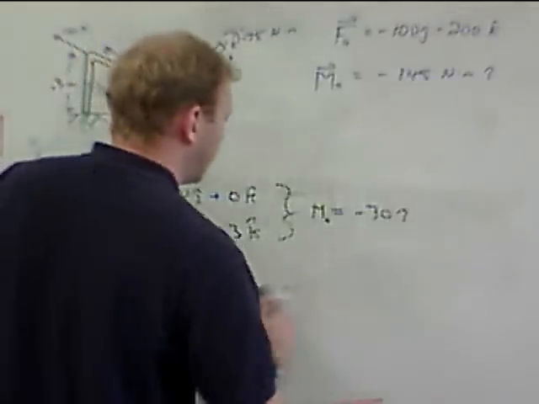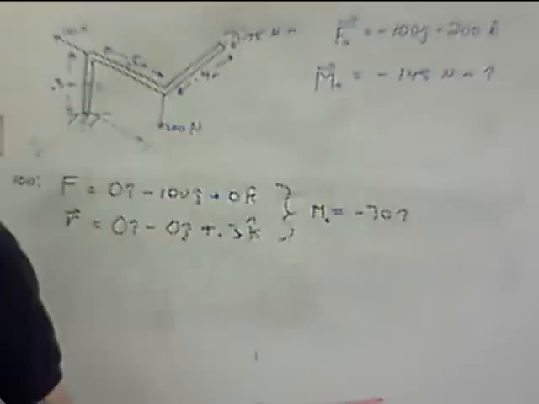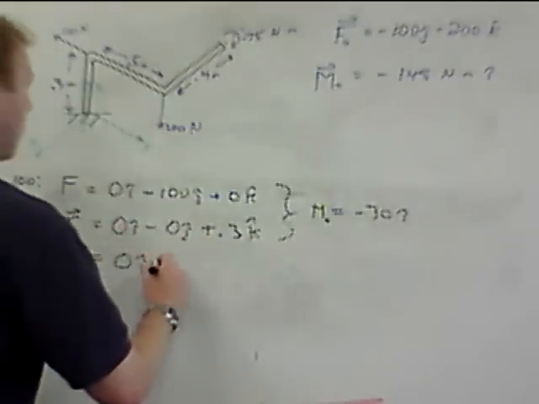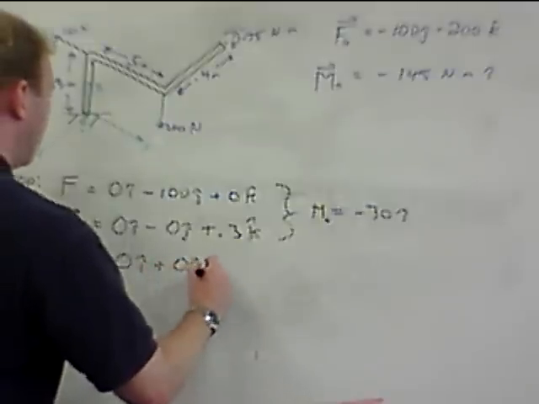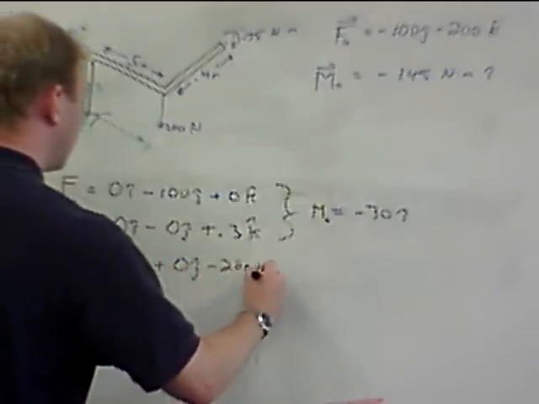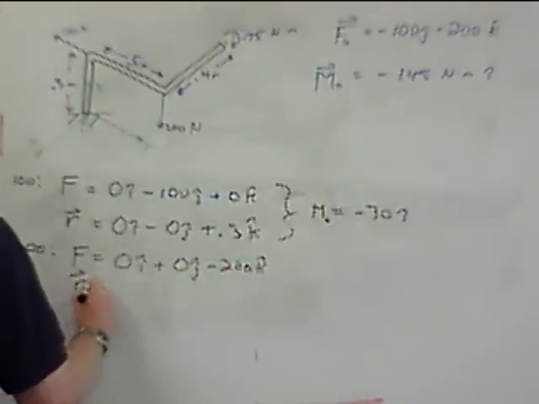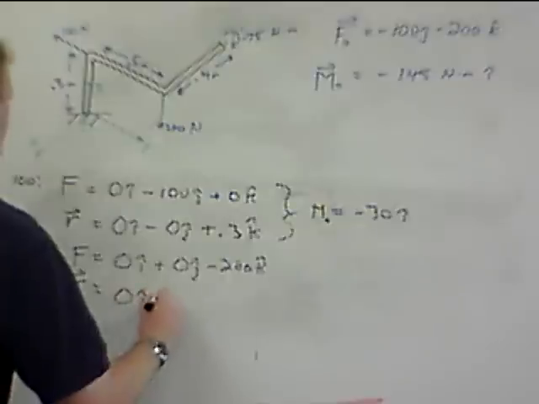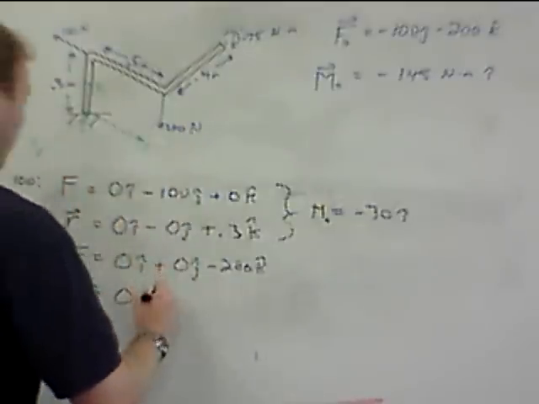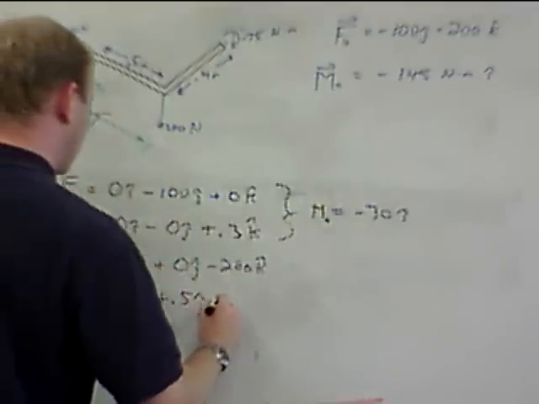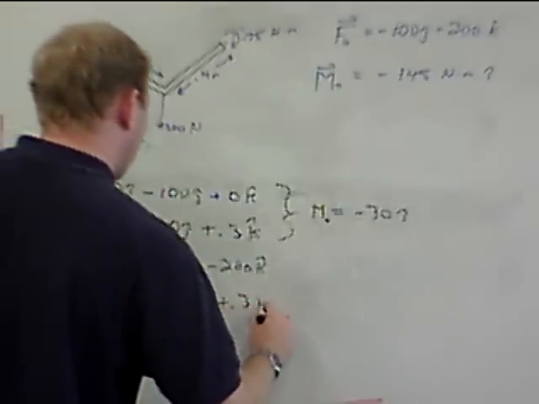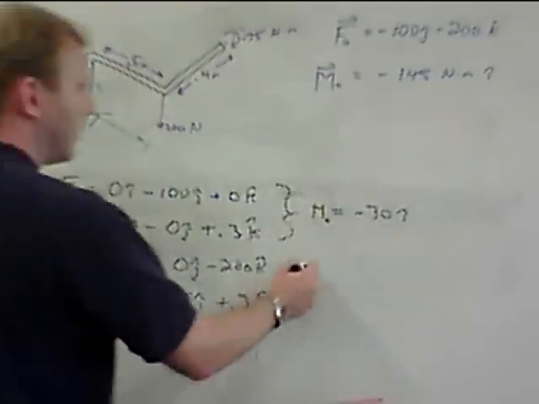Okay, we'll do the same thing for the 200 Newton force. F is 0I plus 0J minus 200K. R is, again, nothing in the X. In the Y, it's over 0.5. In the Z, it's up 0.3. All right, so we need to combine these.